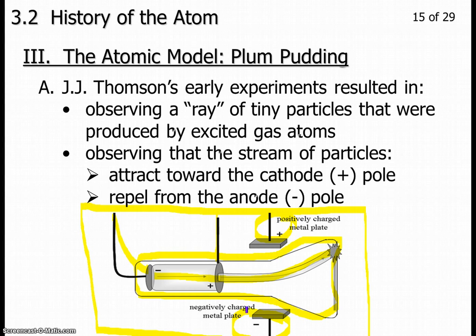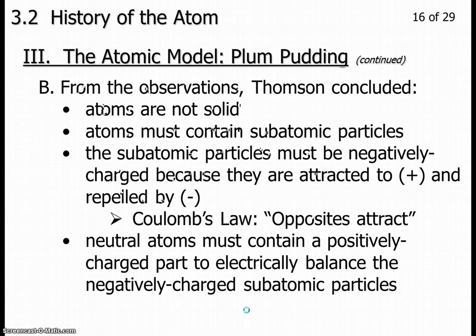And so this shows a number of things about the atom. So from these observations, Thomson concluded that, first of all, atoms are not solid, as Democritus and Dalton had proposed. They must contain subatomic particles, because these are the particles that made that ray of light.